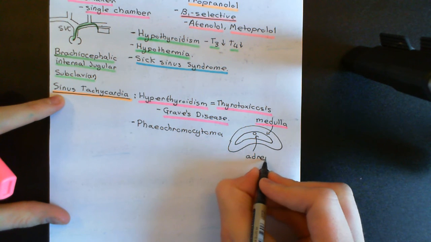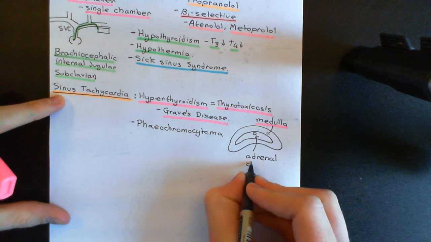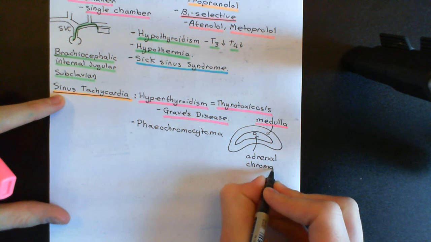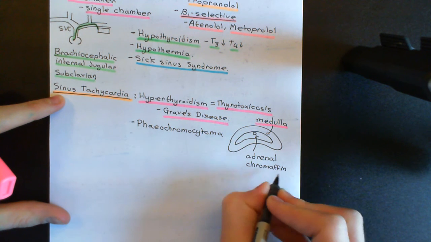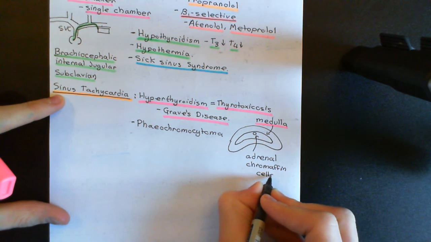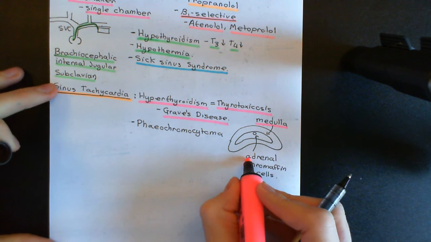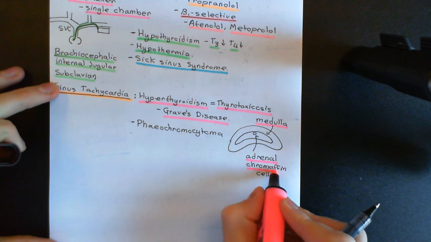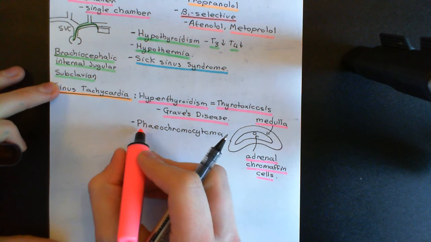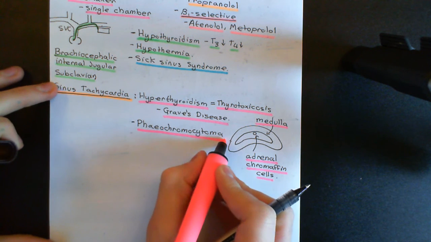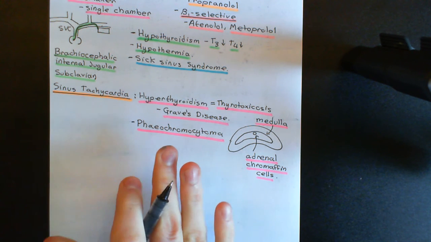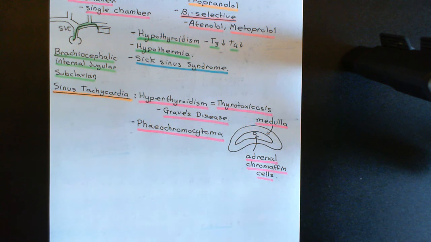Okay, and these special cells which produce adrenaline are known as adrenal chromaffin cells. Okay, and it's these cells, these adrenal chromaffin cells, that you can get a tumour of in a pheochromocytoma, and when you get a tumour of adrenal chromaffin cells, that's going to lead to adrenaline complete overproduction. Okay, so if you've got a pheochromocytoma, then you've got a tumour of these adrenal chromaffin cells in one of your adrenal glands.